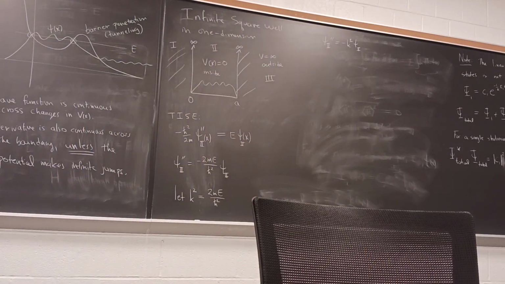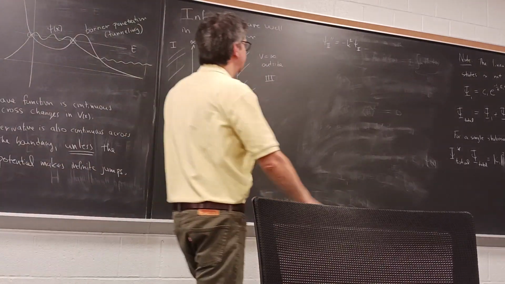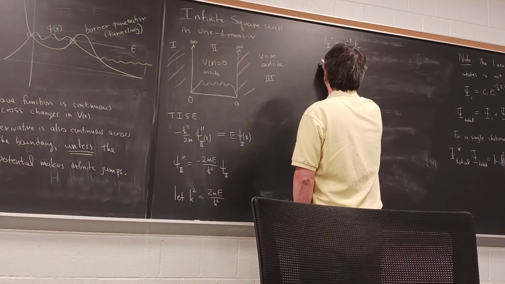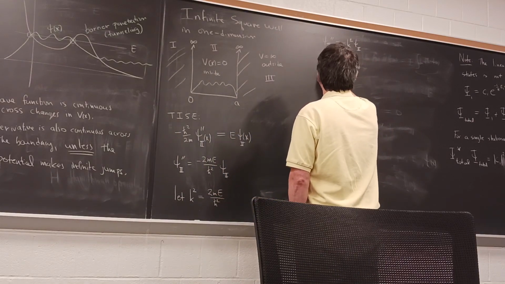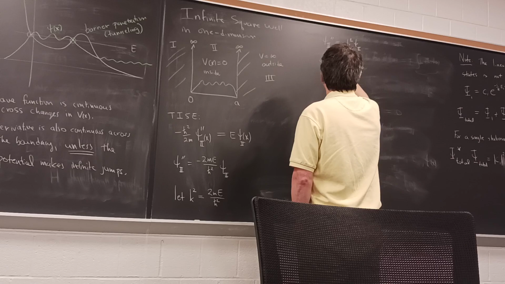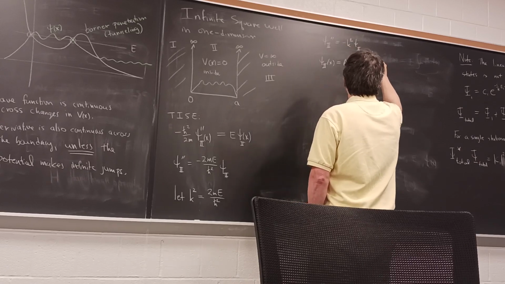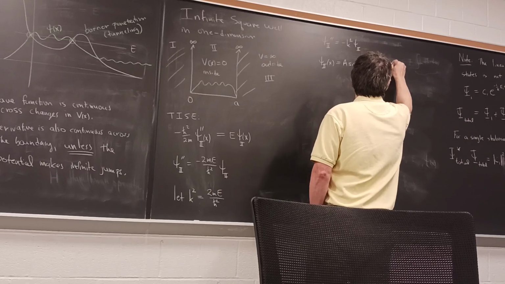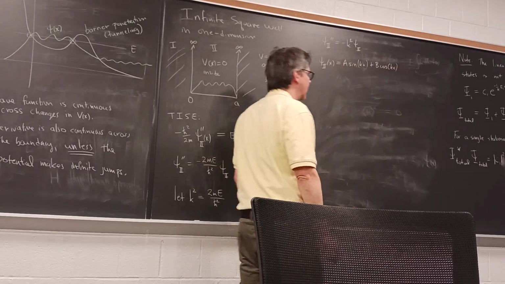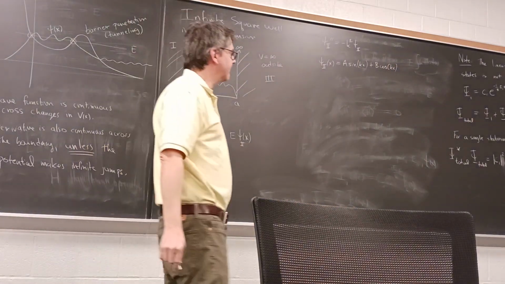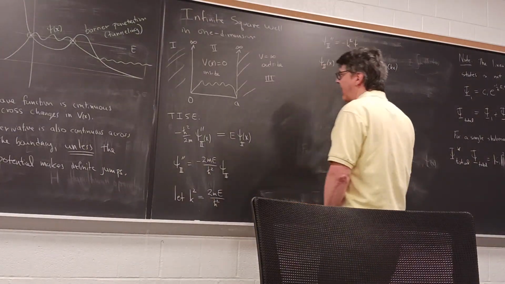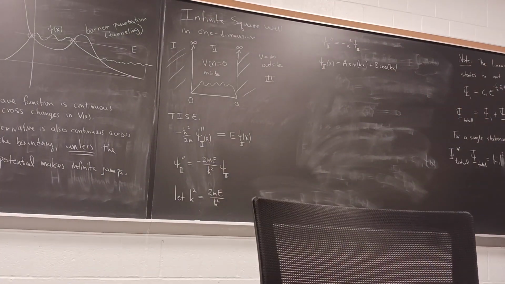We know it oscillates. So let's write psi 2 of x is equal to A sine kx plus B cosine kx, same thing as exponentials. Now, this is a differential equation and we have to solve it by satisfying boundary conditions.